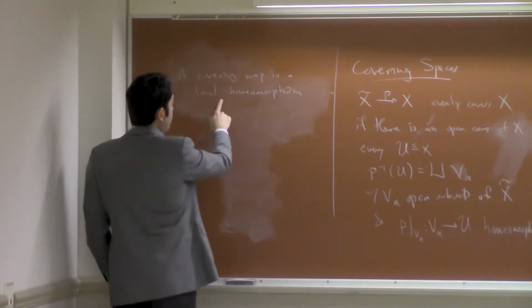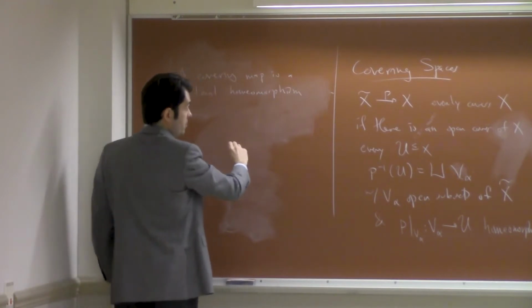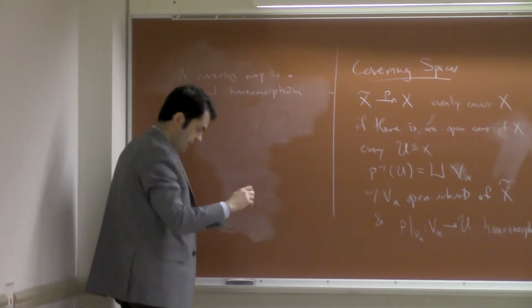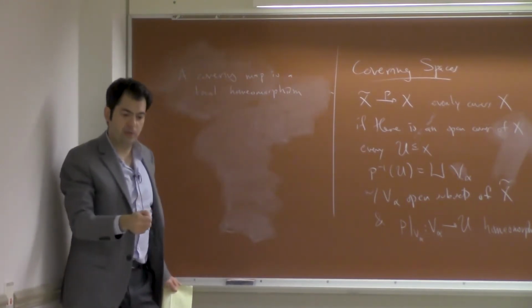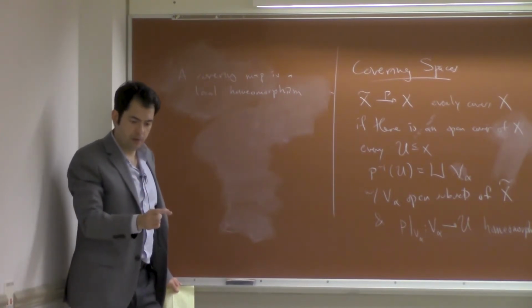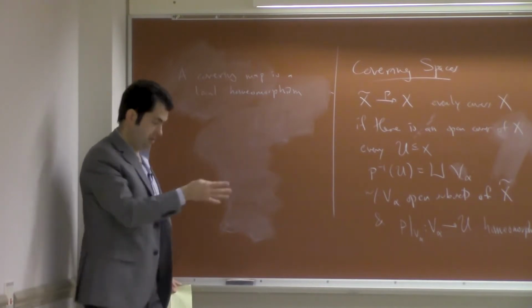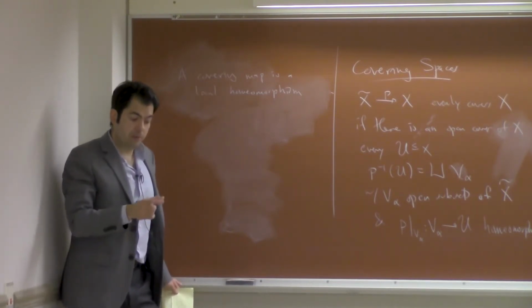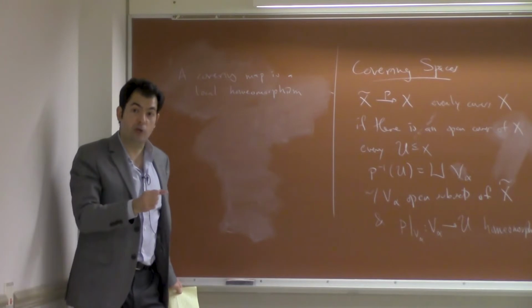So to say that a map is a local homeomorphism, what we mean is that for every choice of points, there are neighborhoods for which P is a homeomorphism, but moreover, this is true for arbitrarily small neighborhoods.